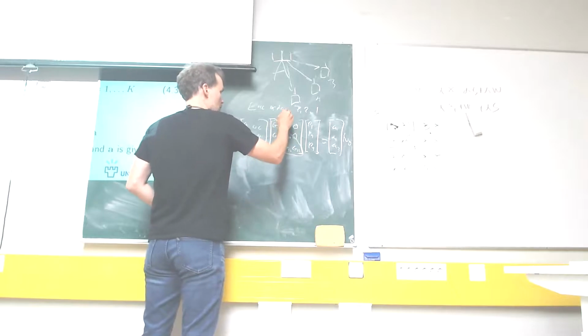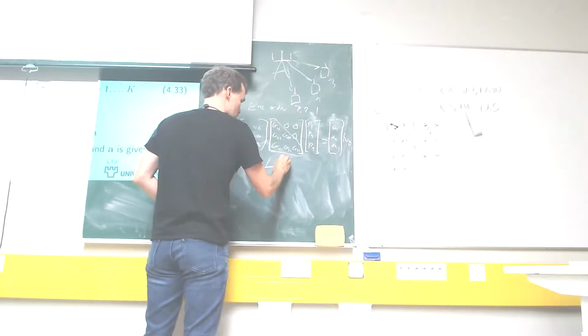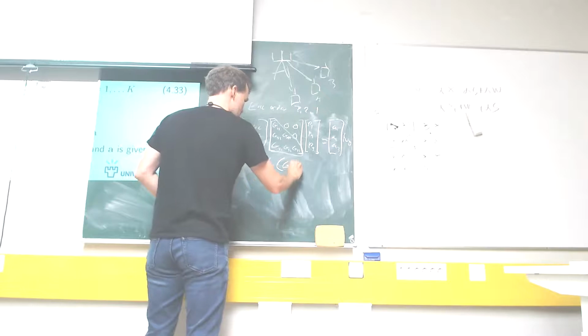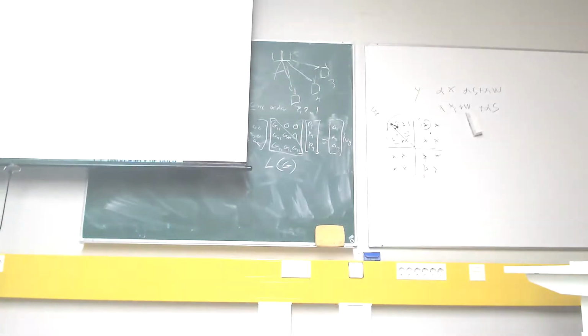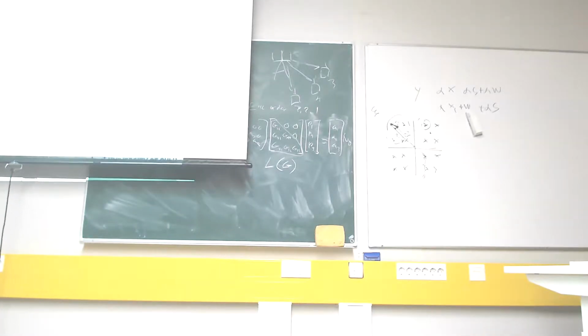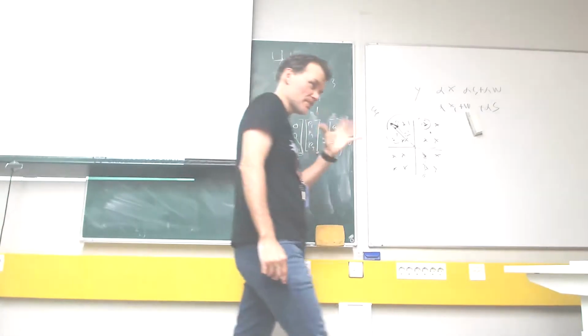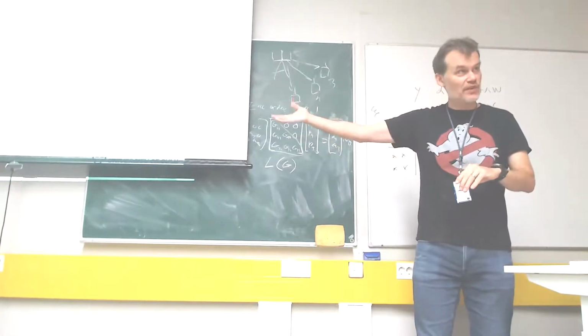Now we have the lower triangular G matrix. It's given here. And obviously, it's the same as the upper triangular of G transpose, right?